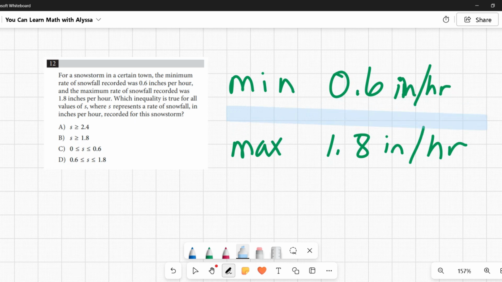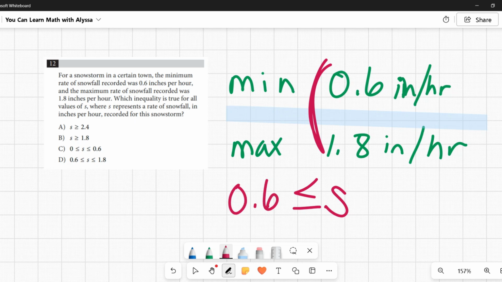Those are the boundaries. Which inequality is true for all values of S, where S represents a rate of snowfall in inches per hour recorded for this snowstorm? So at any point in time, S is my inches per hour. I know it has to be between these two. So it has to be greater than or equal to 0.6, because the 0.6 is the minimum.